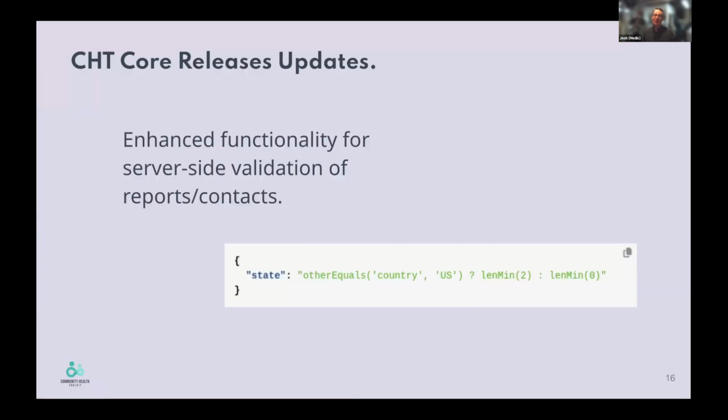First of all, we just got a few great improvements coming through in these latest CHT core releases. These are live now. The first one I'll mention is around report validations. We've enhanced some of the functionality around this. This is useful for SMS workflows, especially where you've got reports being submitted via SMS to the server, or contacts, that kind of stuff.